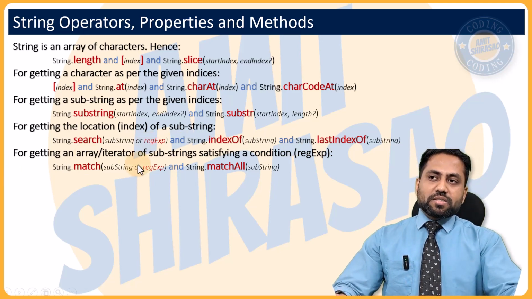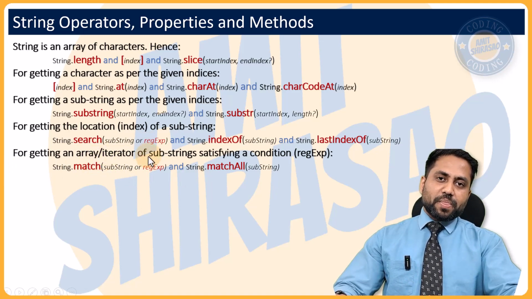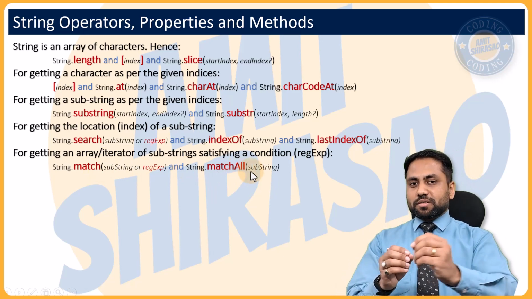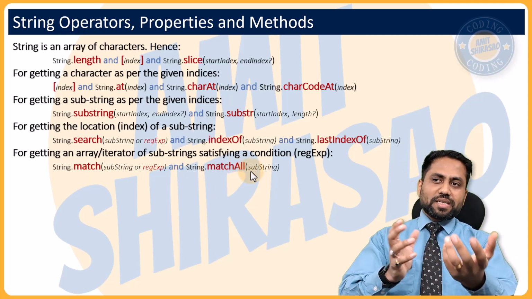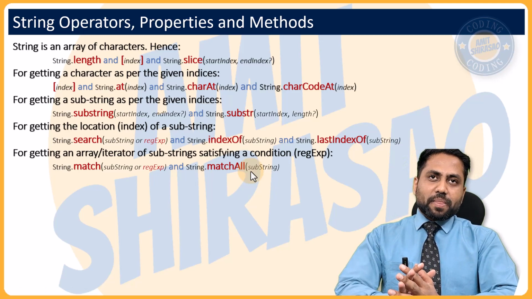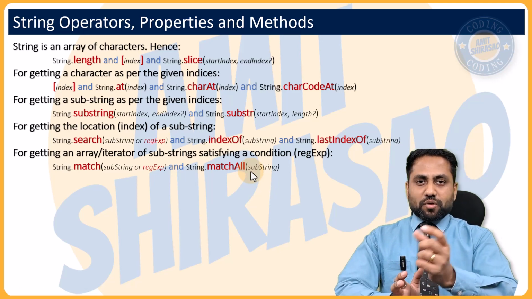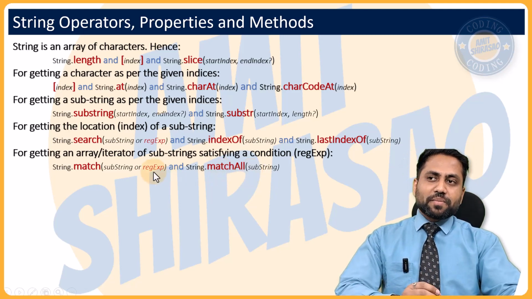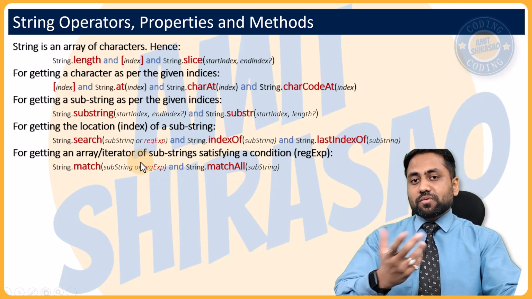Here it does not give you that. It basically gives you an iterator or array. So when you say matchAll, it will give you all the substrings that are matching, in the form of an array. We'll see this on the slide. You don't get the index, you get an array.